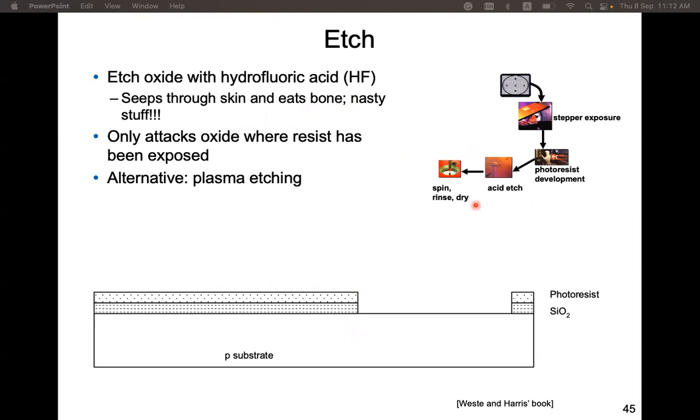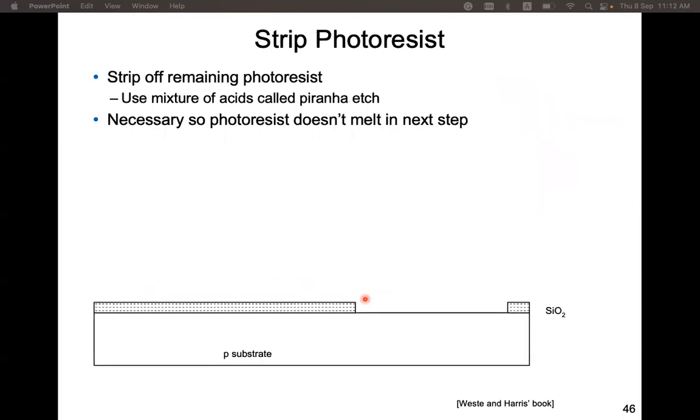And then we spin, rinse, and dry. So to remove this photoresist. So only this protective oxide region is here.